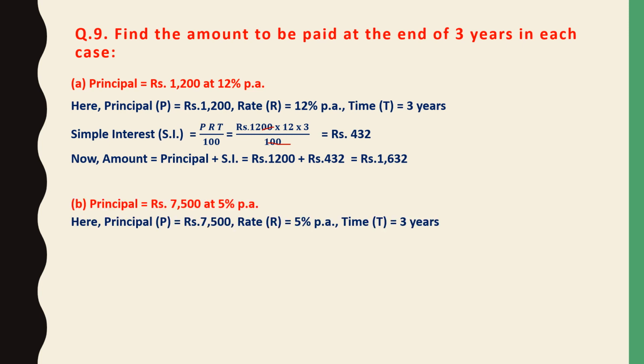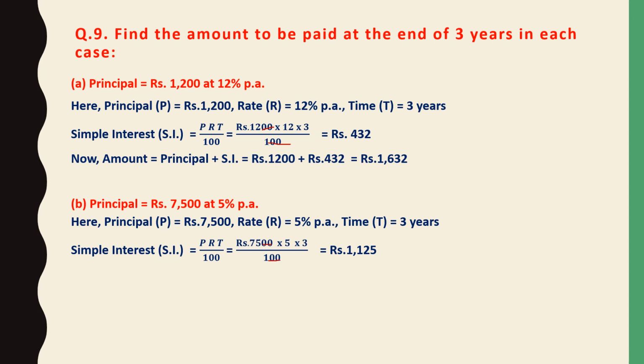Now the second case, where principal is given as 7500 at 5% per annum. Here we get principal P as rupees 7500, rate R 5% per annum, time T as 3 years. So simple interest is PRT by 100, rupees 7500 into 5 into 3 divided by 100.